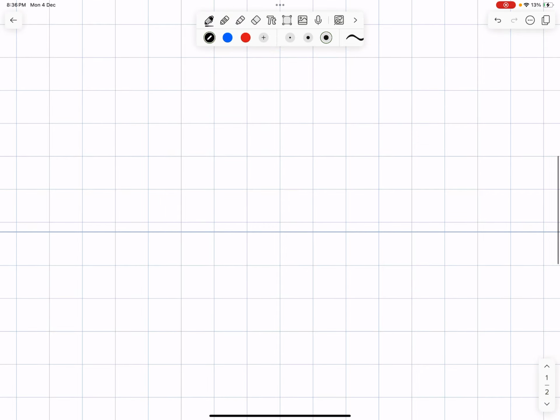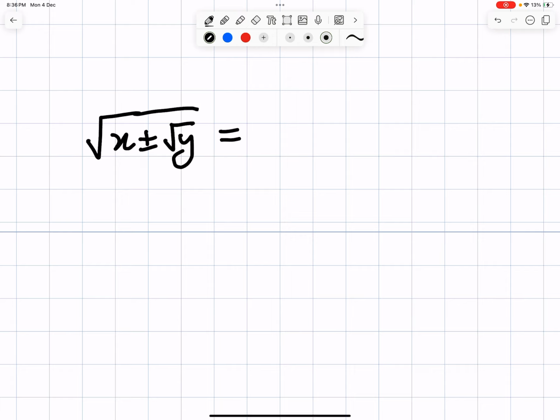Suppose we have a surd like so, x plus minus square root y, and we want to turn this into some form of maybe square root a plus minus square root b.